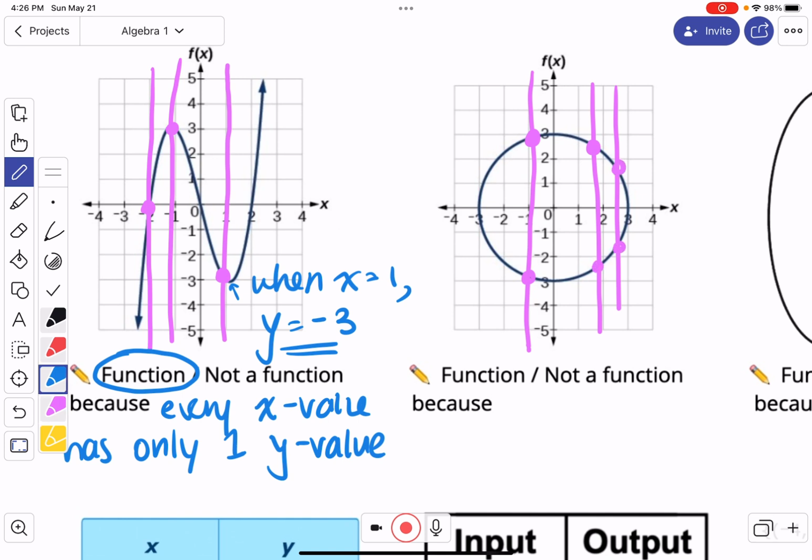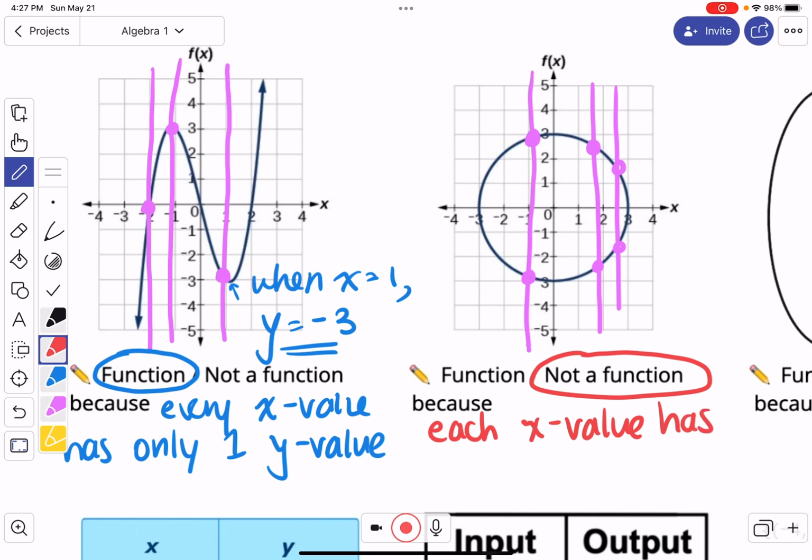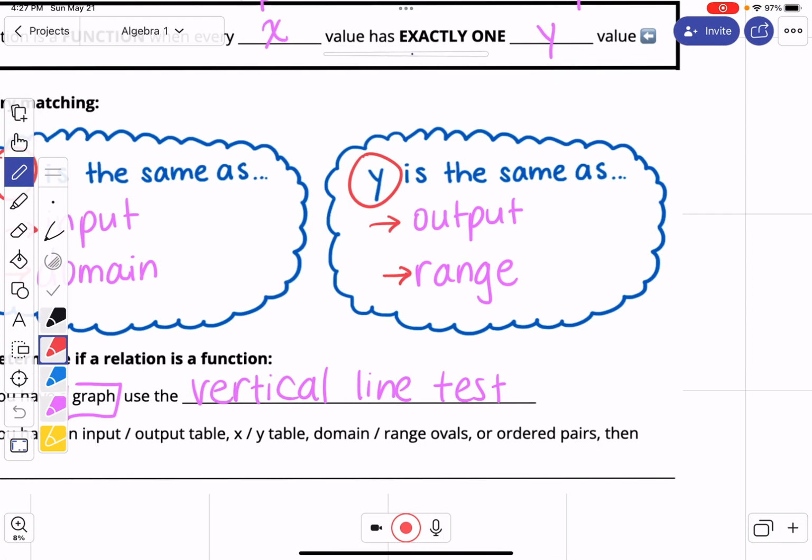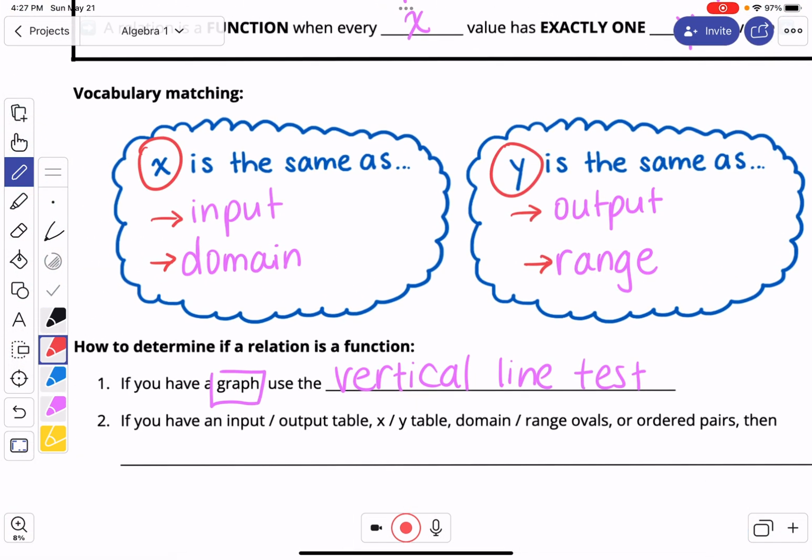So in this case, this is actually not a function because each x value has more than one y value. So that is not going to be a function. We can come back to this in a minute when we're practicing, but let's come back over here to our notes. So that was how we can tell if a relation is a function using a graph.